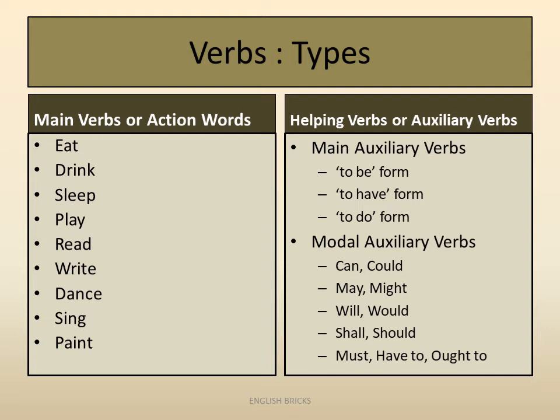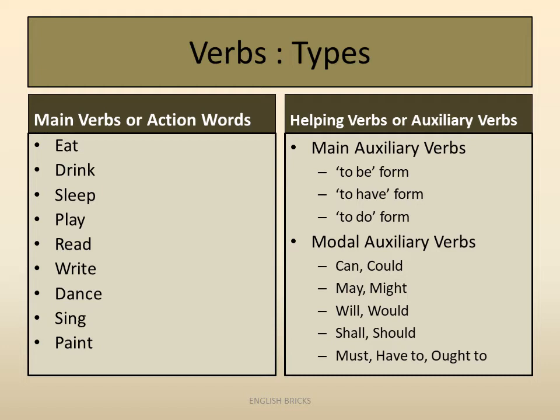Now the second one, they are called the helping verbs or auxiliary verbs. Now these helping verbs or auxiliary verbs are further divided. The names can be different according to the grammar books. But primarily, they are main auxiliary verbs and modal auxiliary verbs.